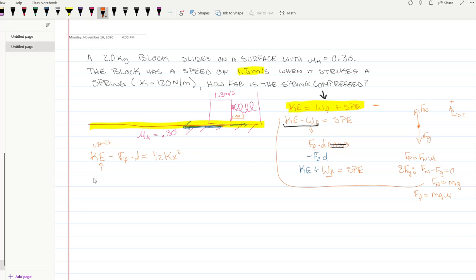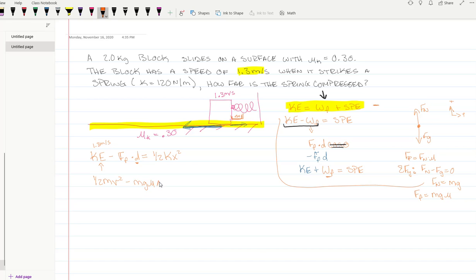So I can rewrite this in terms of what we have. I have my 1/2 mv squared, those are all known quantities, minus my mg mu. Well, what is this d? Isn't this d just this distance delta x that the box is going to travel as it's compressing the spring still over the friction?